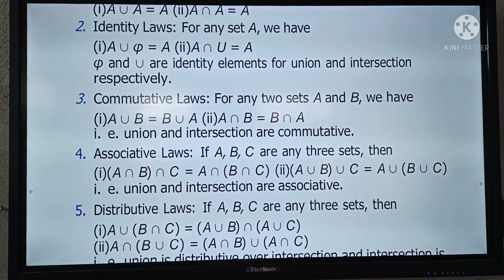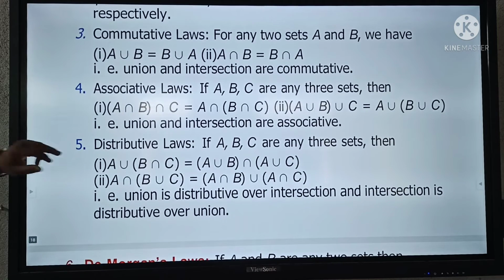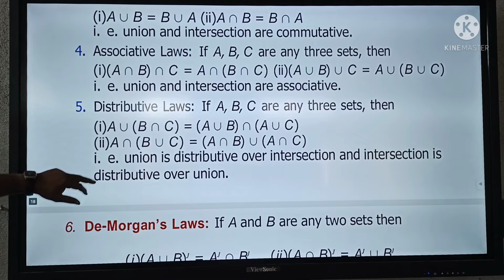Commutative laws: for any two sets A and B, A union B is B union A, and A intersection B is B intersection A, no problem.